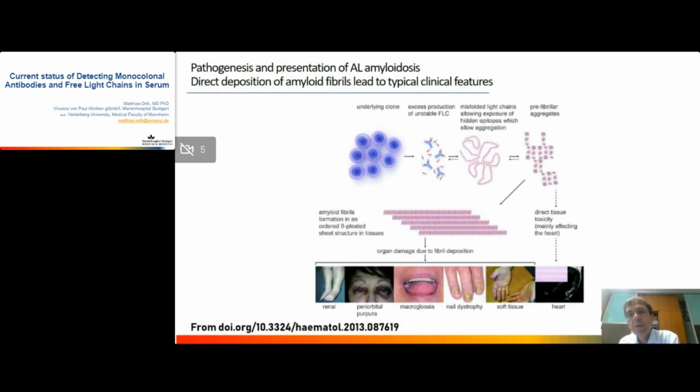What is going on in our samples submitted to the lab also goes on in the patients, and we have the deposition of these fibrils, these abnormal proteins, in the eye, in the tongue, in the nails, in the soft tissue, or the worst thing, in the heart. So this is not an artifact of the lab; it is very present in patients with amyloidosis, and we know how difficult it is to treat these patients.